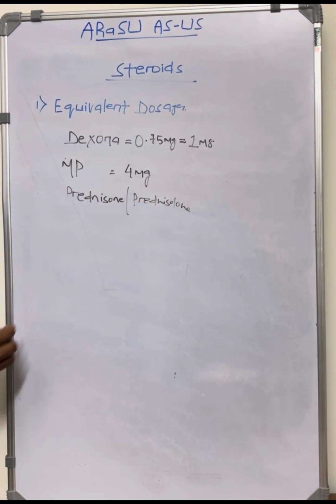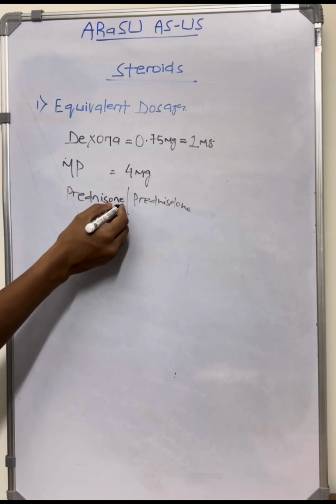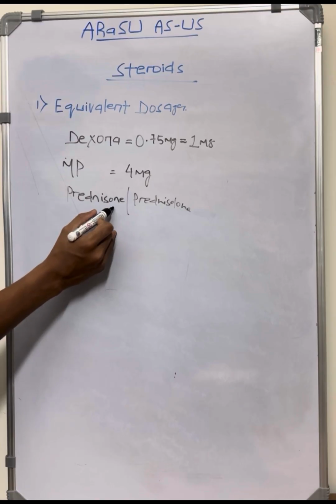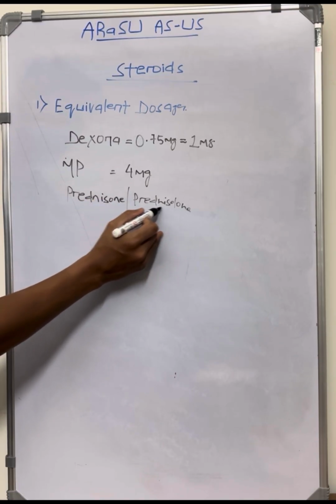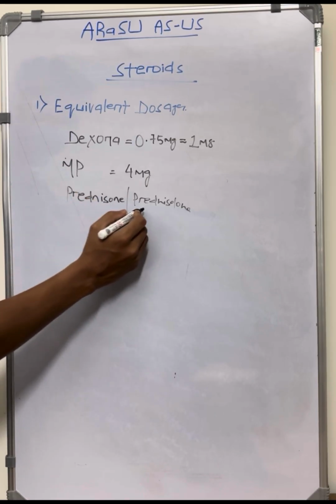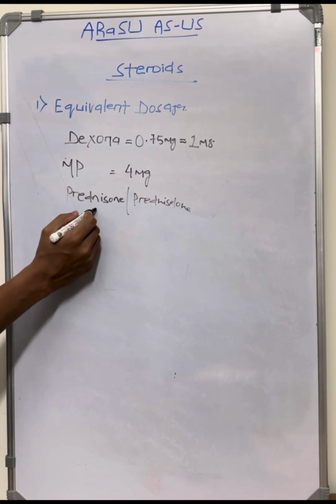The only difference between these two is that prednisone we can consider as a pro-form. Whenever we give prednisone, it will require liver enzymes to get converted into prednisolone, which is the active form. So when there is severe liver injury, we have to use prednisolone directly, not prednisone.